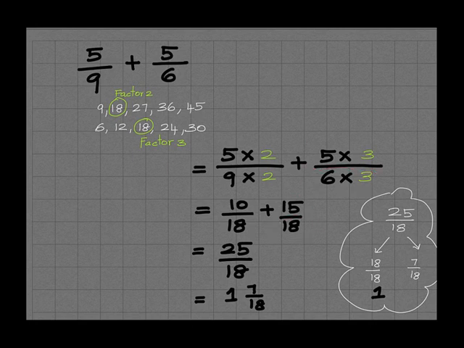Okay, if you see here, the denominators are the same. 18 is the denominator, and it is the same in both the fractions, so it is called like units. After we get the like units, we have to just add the numerators, because there's a plus sign in the middle, so just add it. So 10 plus 15 is 25. Write the 25 as such. Okay, write the 25/18 over the right side.